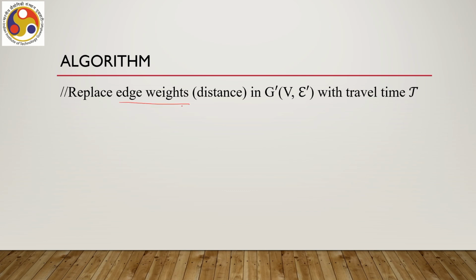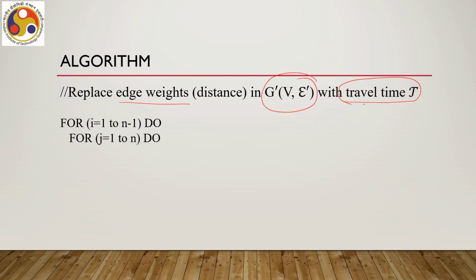Then the second stage is also the same: replace the edge weights, which are originally the Euclidean distance between the two nodes, in the modified graph with the travel time t as we did before, where travel time we compute using the natural walking model.